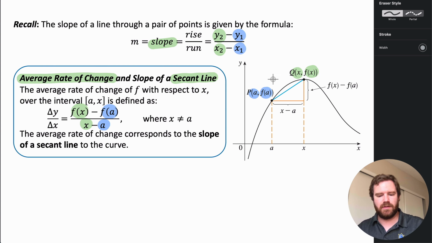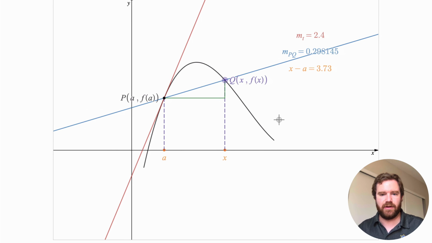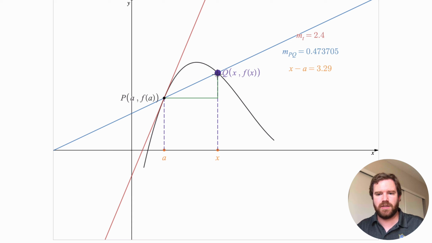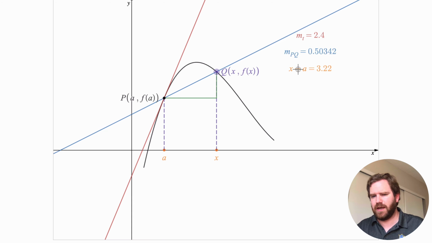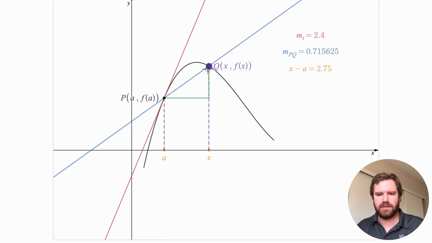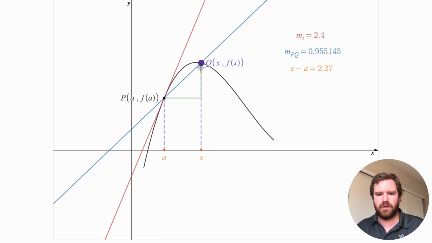Now, let's take a look at what happens when we have, so here's a diagram. What happens when this point gets closer to a, when x and a converge on each other? So as x gets closer to a, and you can see how far apart x and a are here, take a look at the slope of our secant line.